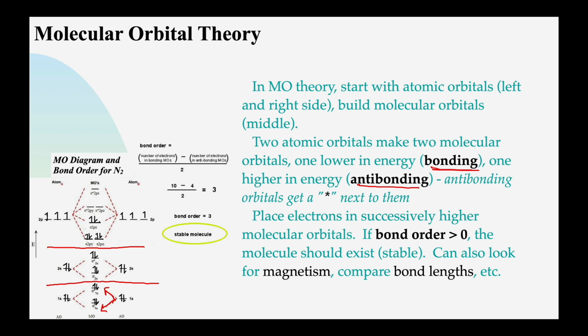So as you fill in electrons, just like we did with 1s and then 2s and then 2p, you just want to take the total electrons and fill them in the middle. So you can see that for 1s, there's 2 atomic electrons on the left and 2 on the right, and 2 of them go down to the lower bonding and 2 to the upper anti-bonding. To keep the first law of thermodynamics happy, you can't create or destroy any energy.